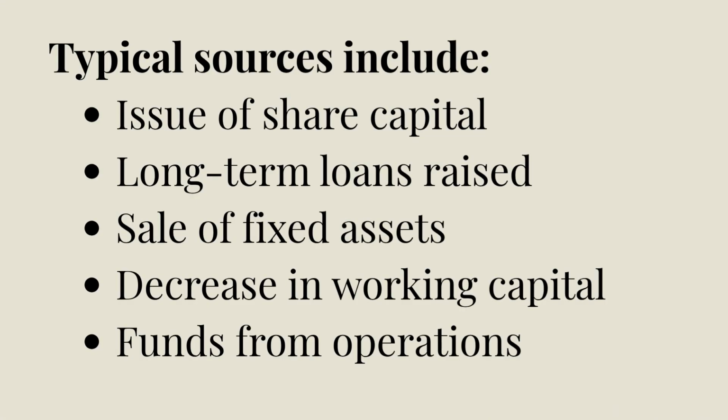Step 3. Fund flow statement. Sources and applications of funds. Once you have the working capital movement and funds from operations, you are ready to prepare the final statement. Typical sources include issue of share capital, long-term loans raised, sale of fixed assets, decreases in working capital, and funds from operations.